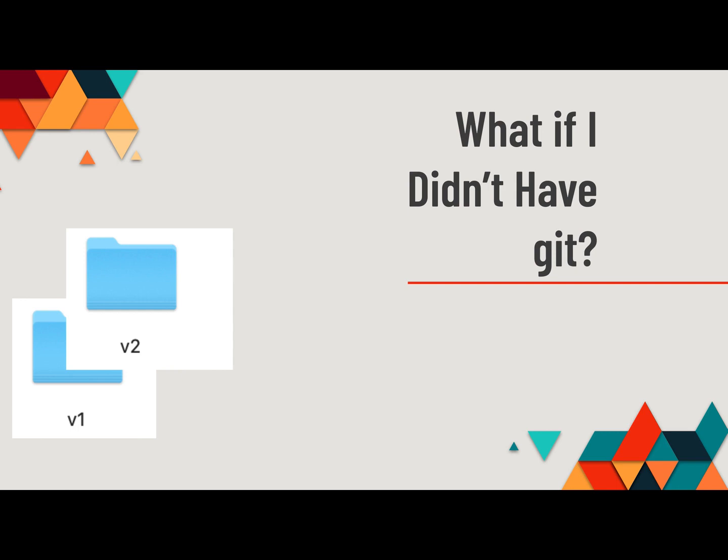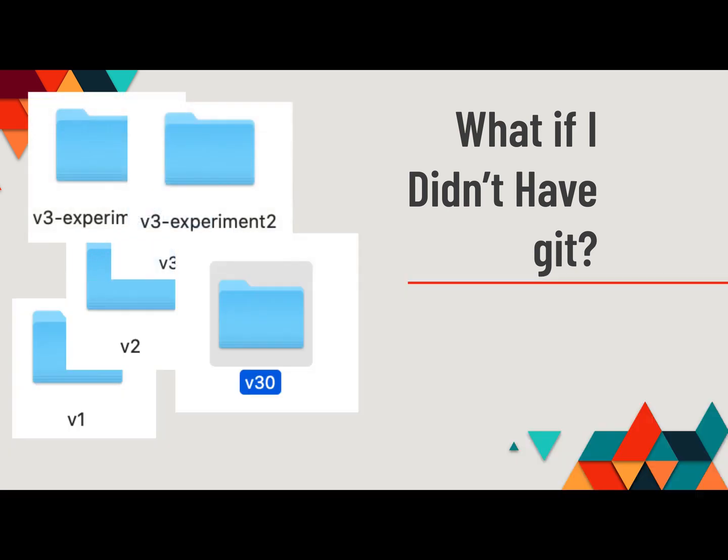Let's say I had 2 parts of it working. Oh, great. Now, I don't want to lose any work, and I don't want to break anything. Let me make another folder. Here comes version 3, version 4, version 5. I actually got up to version 30 on this one. During the course of that, I had a couple of experimental things I was trying out. Maybe they'll work, maybe they won't.